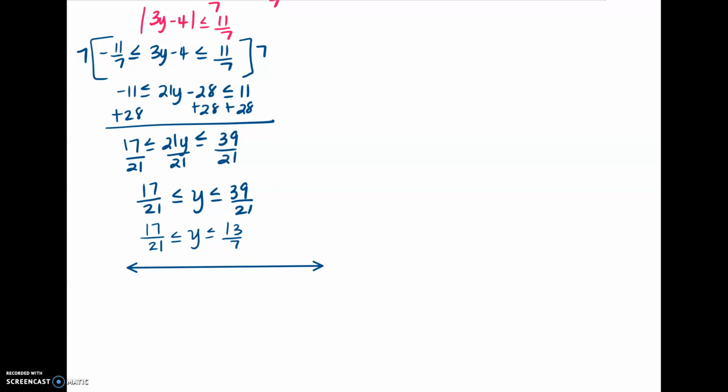We're going to be really close to 2. And 17/21 is going to be a little bit less than 1, so I'm going to leave a little bit of room. So here we are at 17/21, and here we are at 13/7. Closed circles, and we're graphing in between.